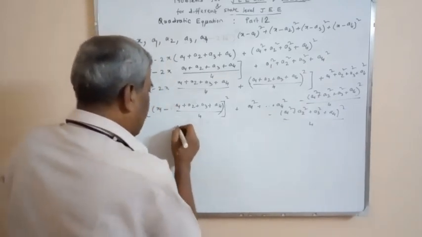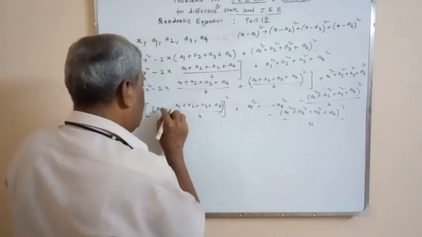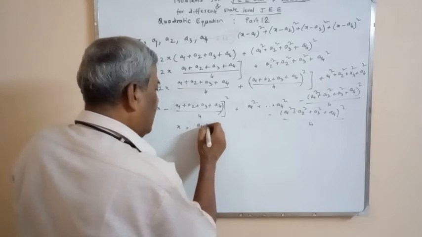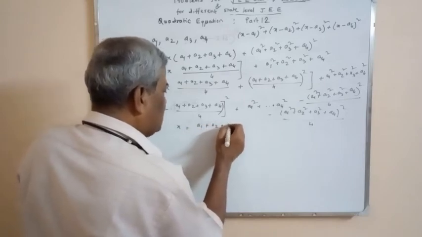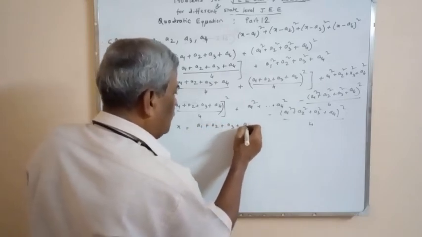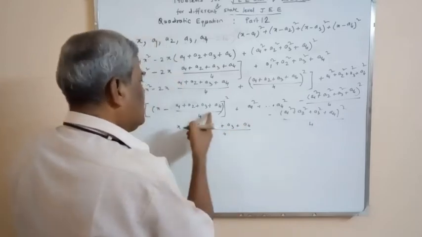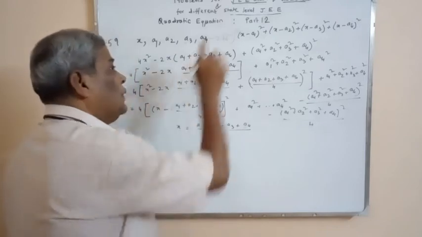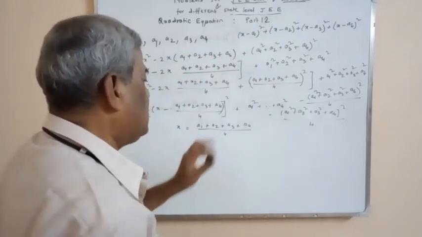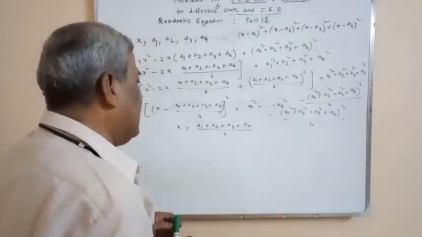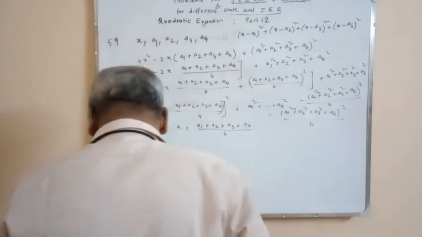That is when x is equal to, this is not x1, x is equal to (a1 plus a2 plus a3 plus a4) divided by 4. Because this thing will be 0, so this will be least when the value of x is that: the mean of these 4 quantities a1, a2, a3 and a4.